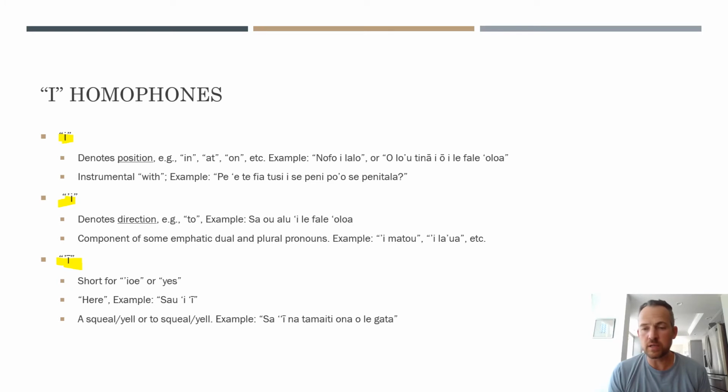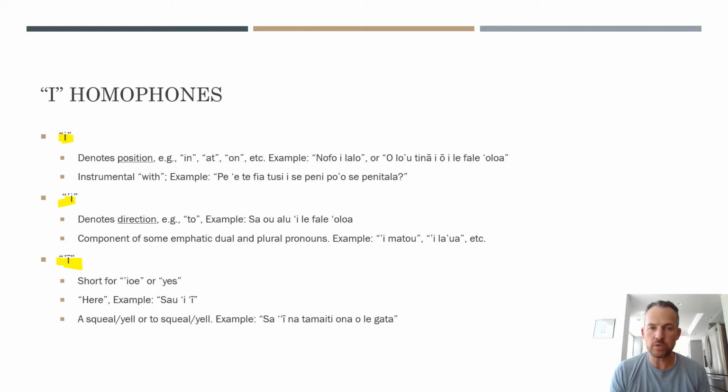You can also use the word E to mean with, as long as it's the instrumental version of the word with. An example of that might be 'E te fia tusi i se peni po'o se penitala?' Pe is just a word that marks a question. You don't always have to use it, but sometimes you do. E te fia means you want to, and then tusi is the word for to write.